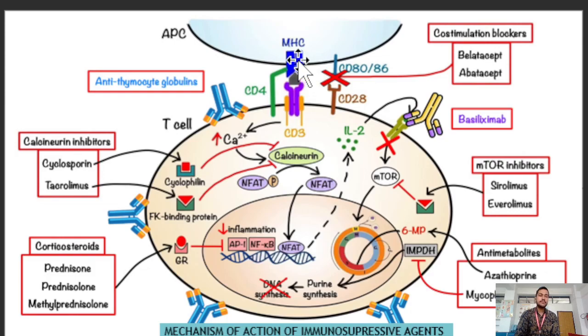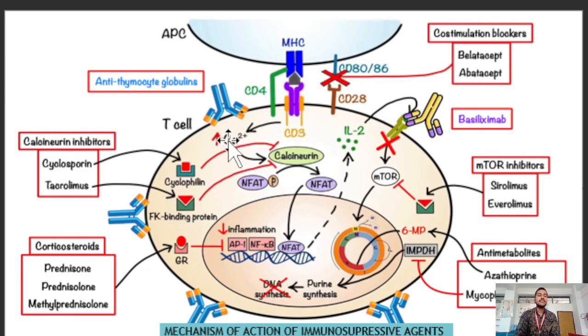Now, the first step this MHC does is it increases the intracellular calcium ions of the T cell. This in turn will activate another compound, which is calcineurin.